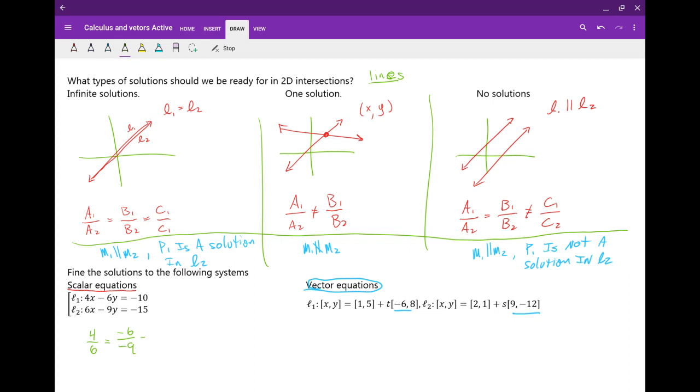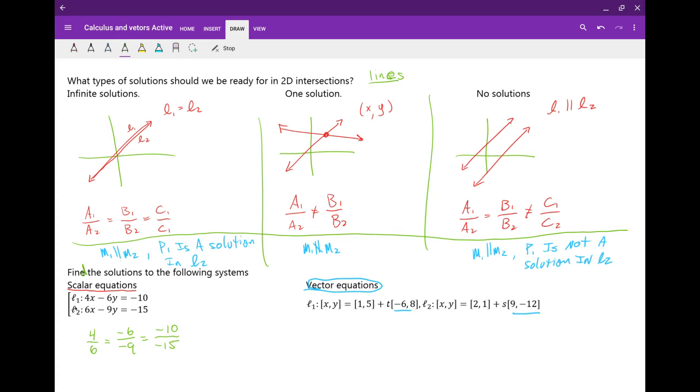Is it equal to this as well? Negative 10 over negative 15. That is also 2/3. So this is 2/3, that's 2/3, and that's 2/3. I actually meant to write: find the solutions to the following systems.